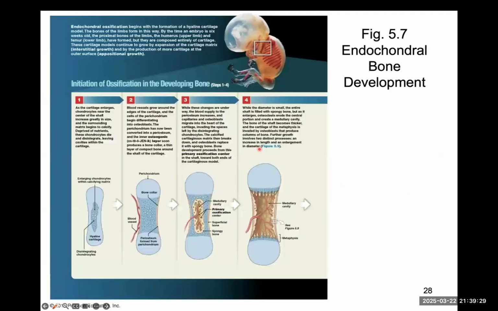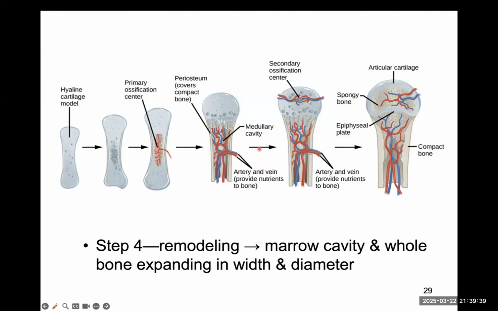But people who are older are going to have a very thin line. When they're done growing, they don't have cartilage anymore. They just have a line. We don't call it a plate anymore. We call it the epiphyseal line. So this is step 4. That's remodeling. That's what's happening when the medullary cavity is forming and the osteoclasts are eating away at the bone.